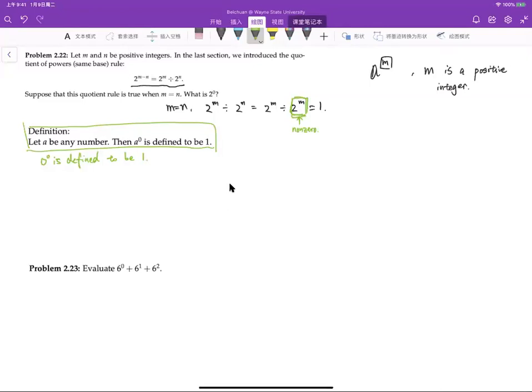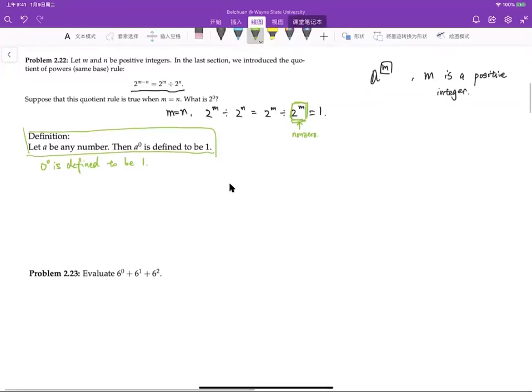Oh, sorry, we can define it to be 1. So for example, 3 to the 0 must be 1, 10 to the 0 must be 1, negative 2 to the 0 must be 1. Whenever you see the 0 exponent, it is equal to positive 1.